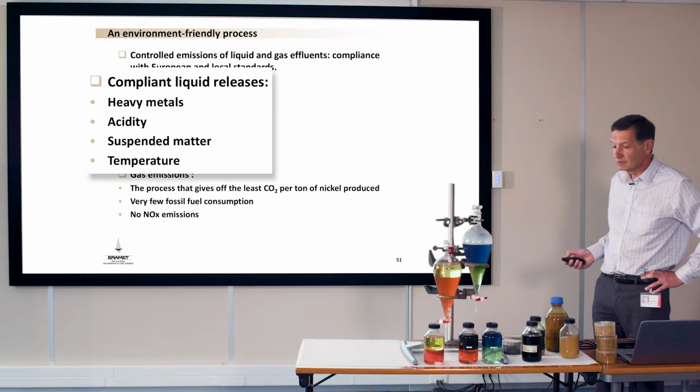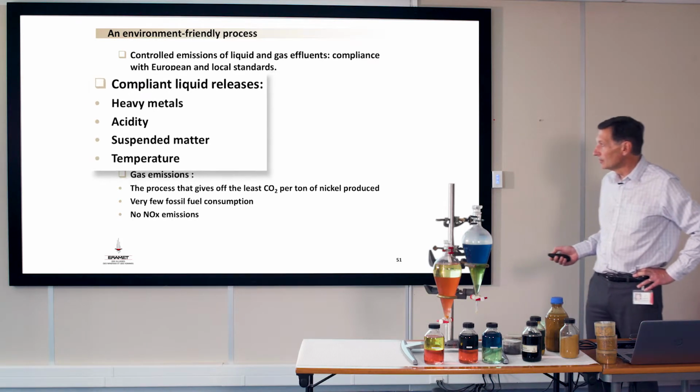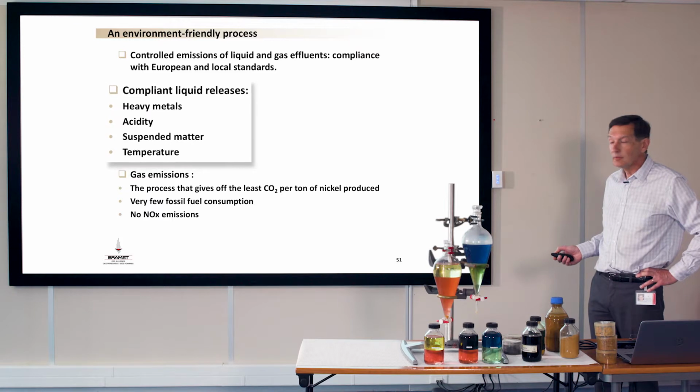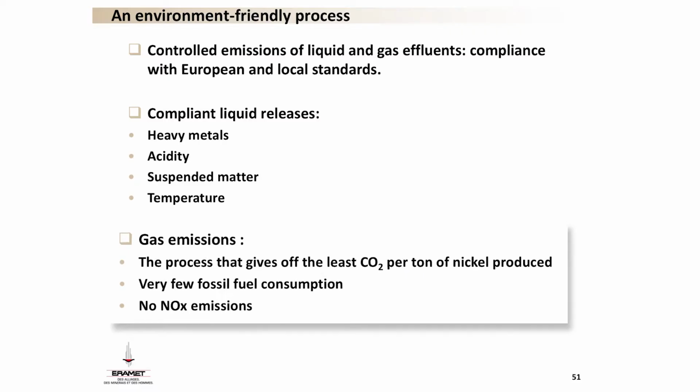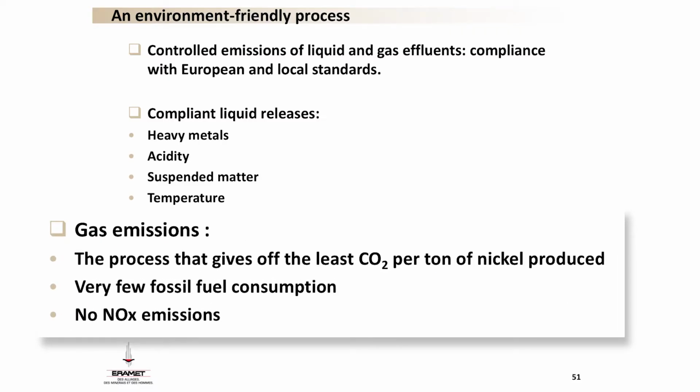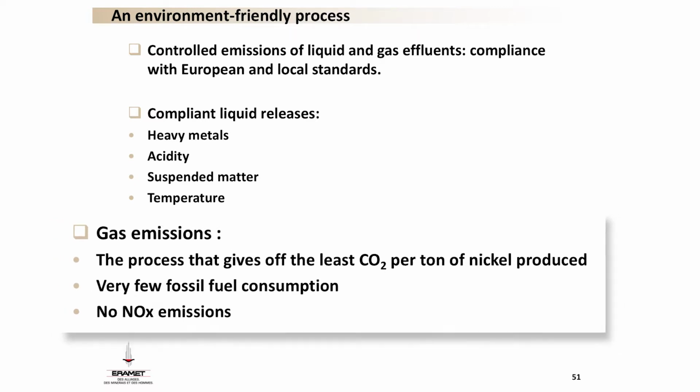When the sea is at 20 degrees, the temperature of the liquid will be less than 30 degrees. For the gas emission, you have to look at the CO2 emission of your process, and that there is no iron, no nitrate emission.